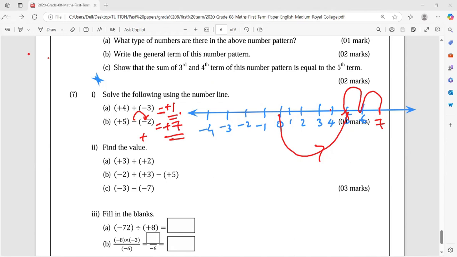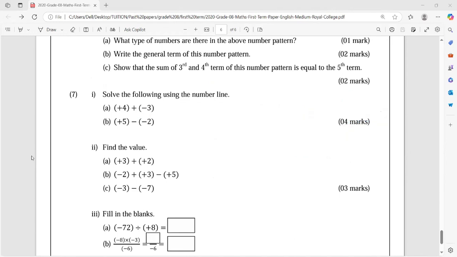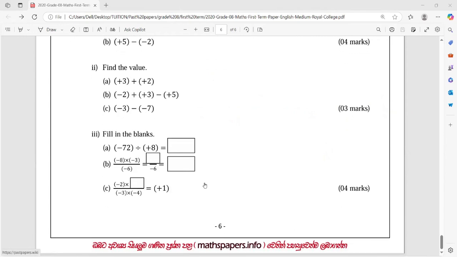I hope you understand this well. And then you have to find the values here. Here you don't have to use the number line. So you see, this plus into plus.